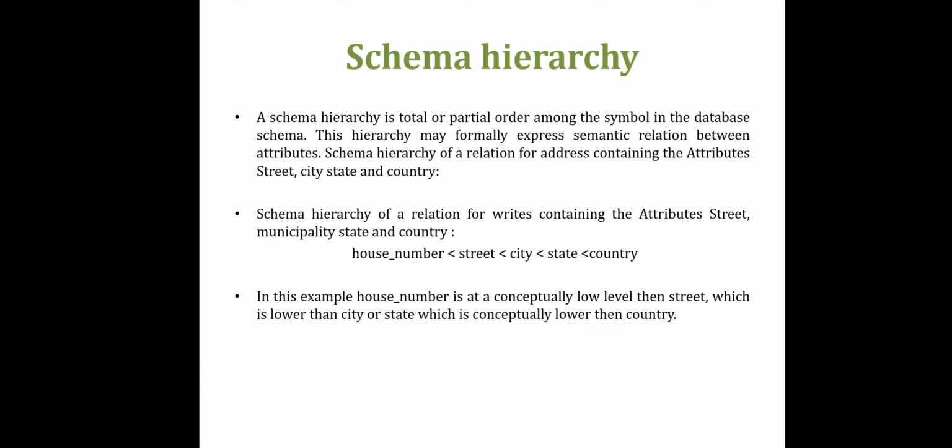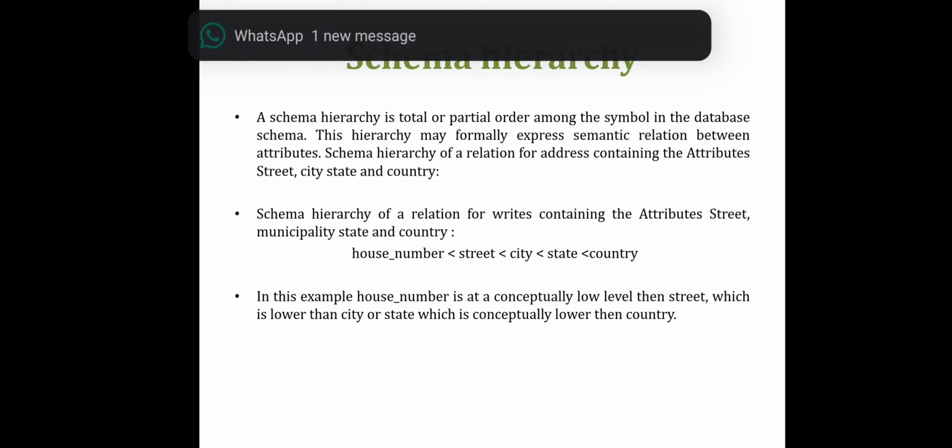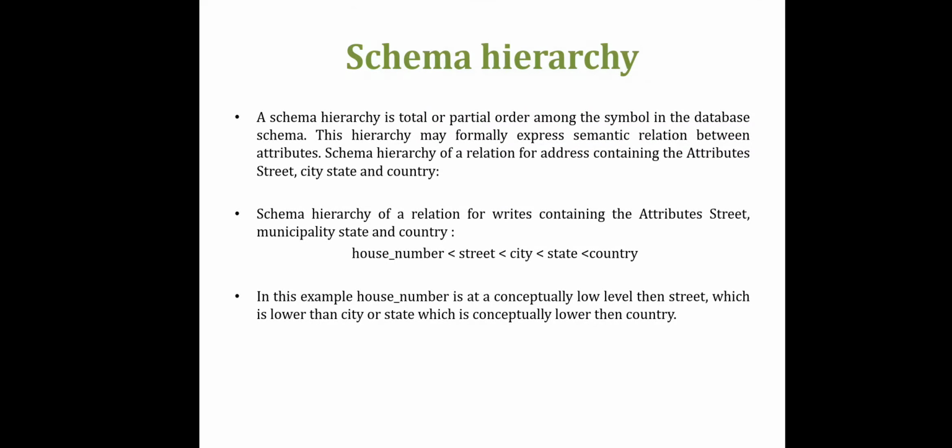How is it shown? Here it is given as a house number, then we go towards the street, then city, then state and then country. In this way we move from a house number to the country.